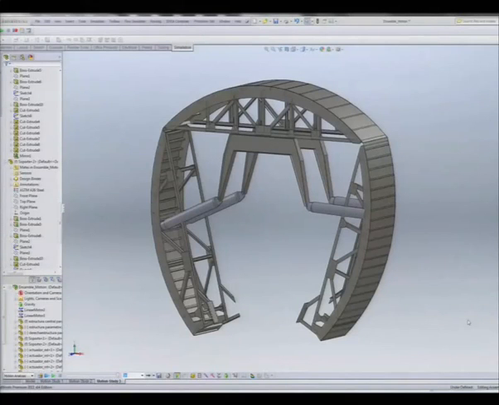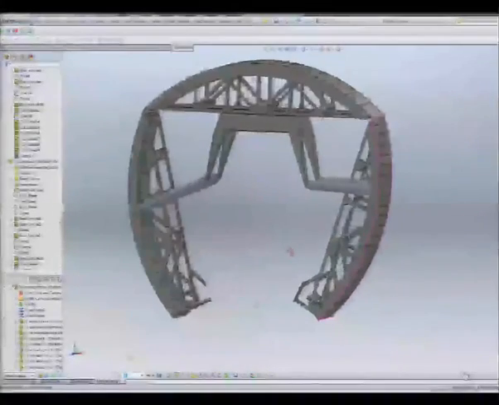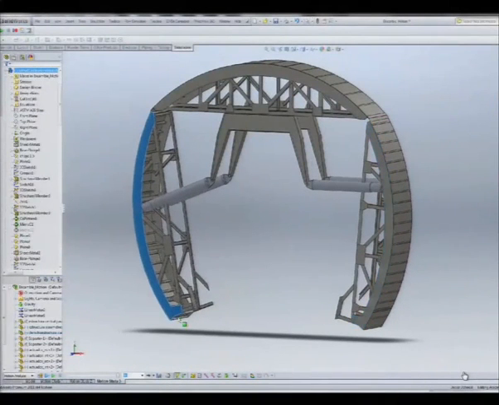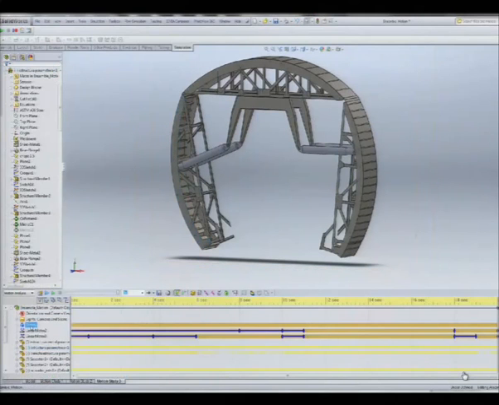So what we run is a motion analysis. It's very easy to run because actually this assembly is a three-part assembly, the top part and the two legs. All the structure is considered rigid because we are in motion.